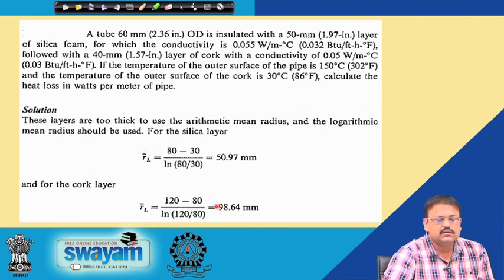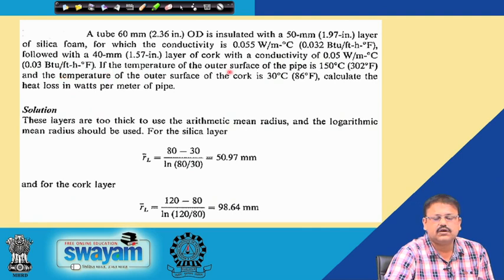Here is another illustration: a tube of 60 millimeter OD is insulated with a 50 millimeter layer of silica foam, for which the conductivity is 0.055 watt per meter degree centigrade, followed by a 40 millimeter layer of cork with a conductivity of 0.05 watt per meter degree centigrade.